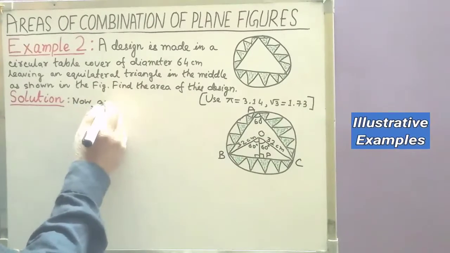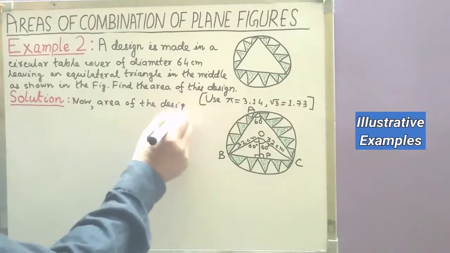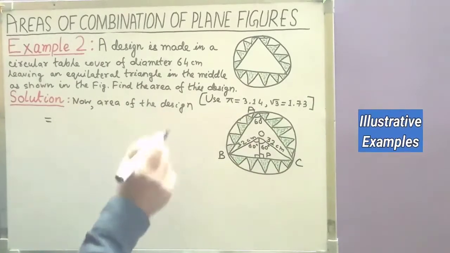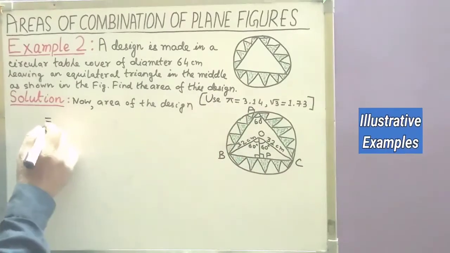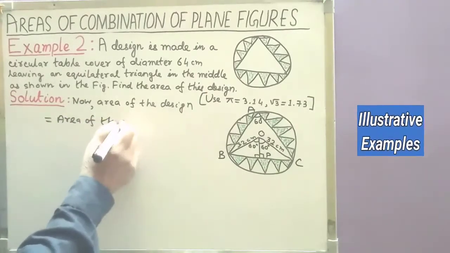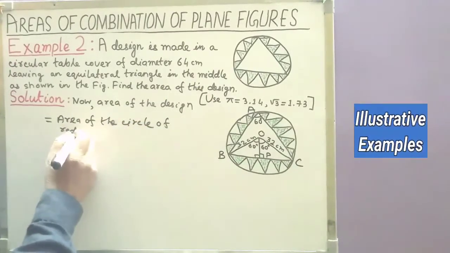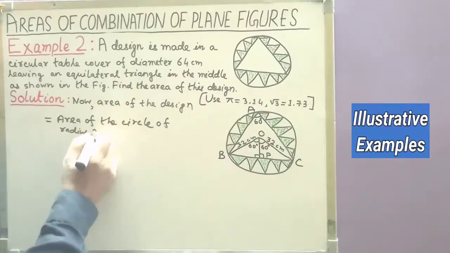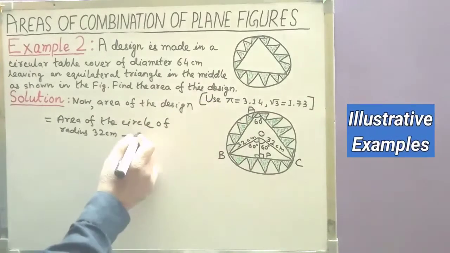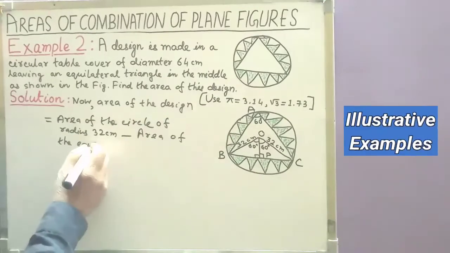Now area of the design of the table cover is equal to area of the circle of radius 32 centimeter minus area of the equilateral triangle of side 32 root 3 centimeter.